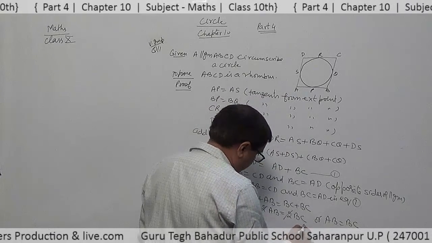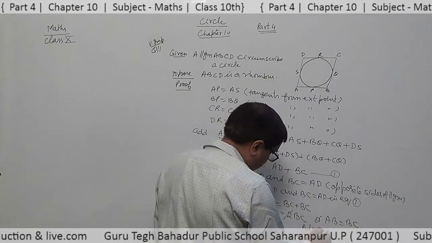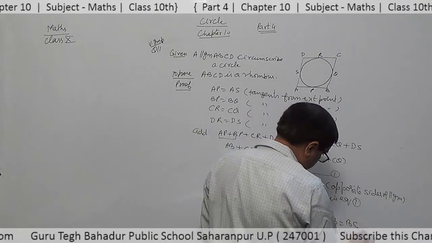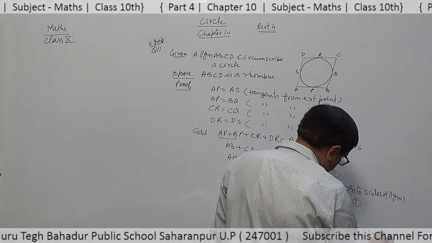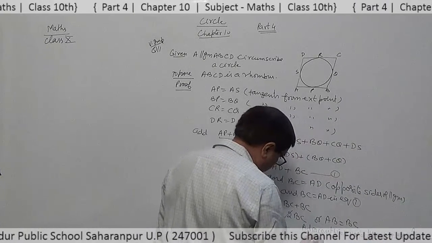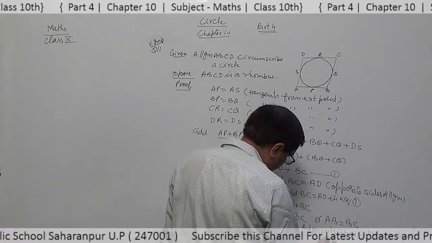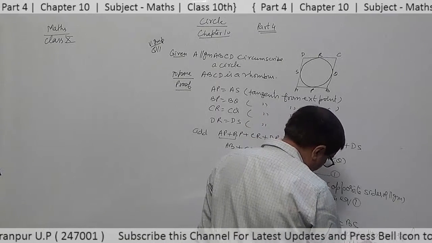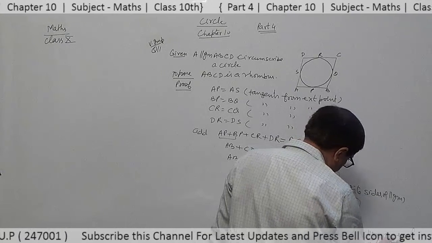Adjacent sides of a parallelogram are equal, so ABCD is a rhombus. Hence proved.